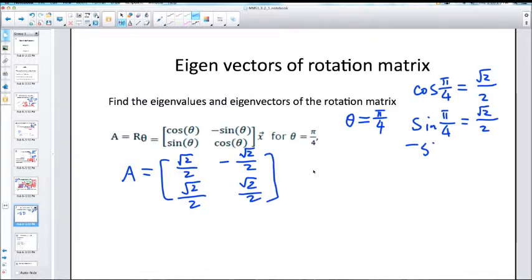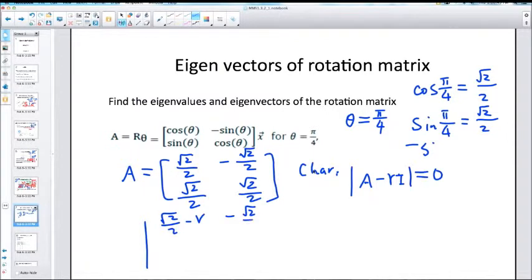So what is the eigenvalue? Try to look at the characteristic equation: det(A minus lambda I) equals 0. Everything is copied, but on the main diagonal, make a minus lambda.